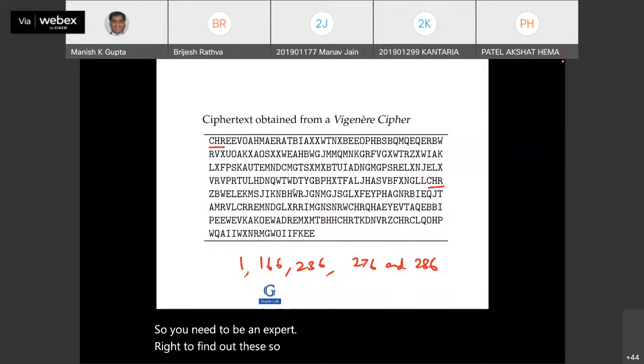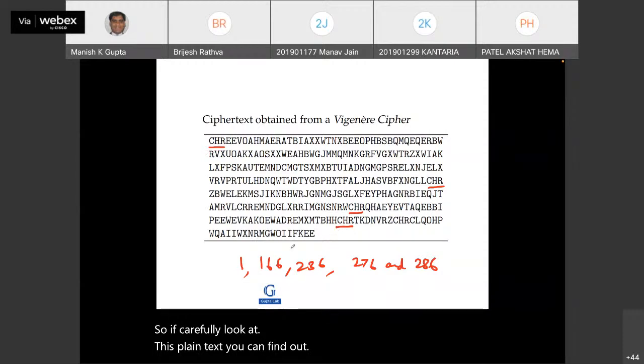You can write a small computer program to find the text which is at a certain distance. Another one is here. If you carefully look at this ciphertext, you can find CHR.